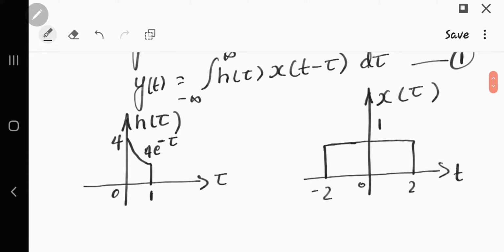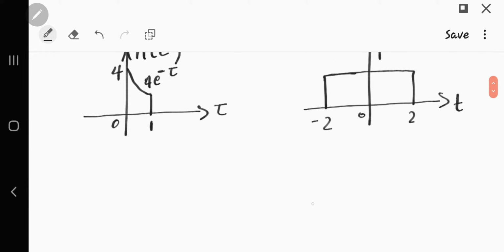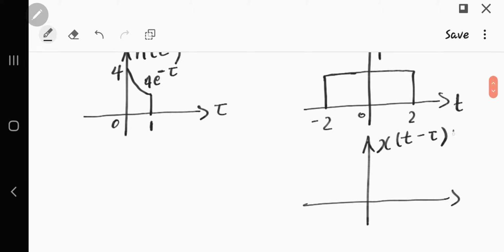Okay. Now let's take x of t minus tau, that is with t equal to 0. Considering t equal to 0, since we have the same limits, plus 2 will become minus 2, minus 2 will become plus 2.